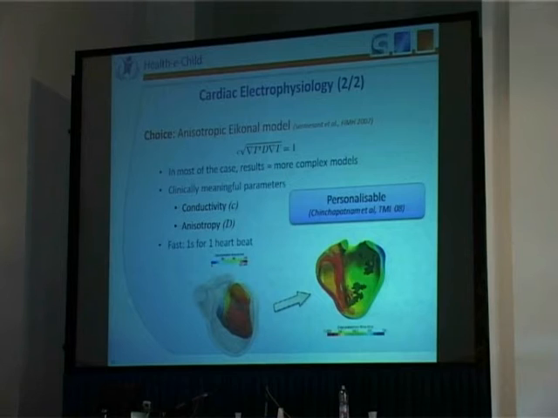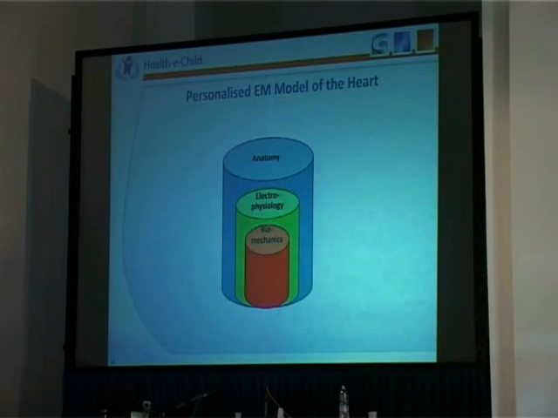And above all, it has been shown that we can personalize this model from so far invasive data, which are the EP maps, and you can get reliable predictions by using these models in simple cases.